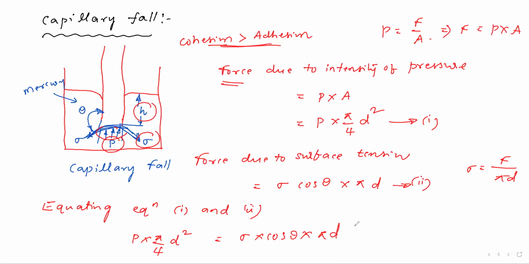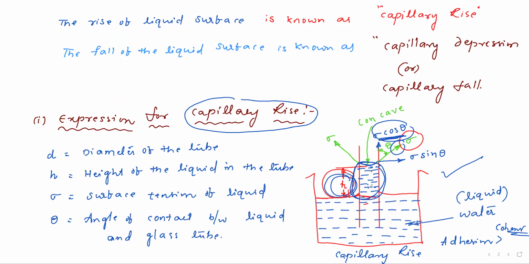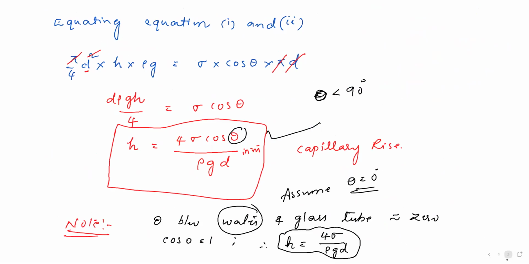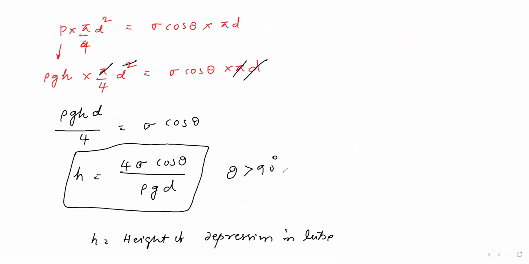But in the rise case, this angle theta is less than 90 degrees. So this is the difference, right? Look at the figure, it is less than 90. But look at this figure, it is more than 90 degrees, clearly this theta is greater than 90 degrees. So definitely the values will change.